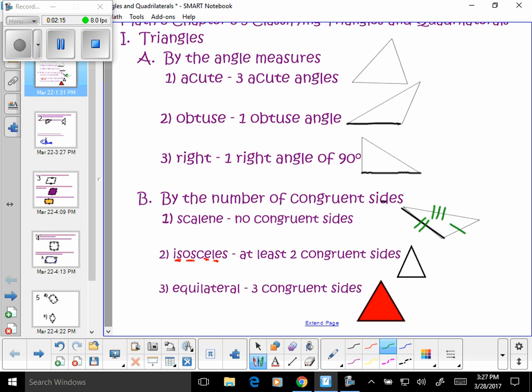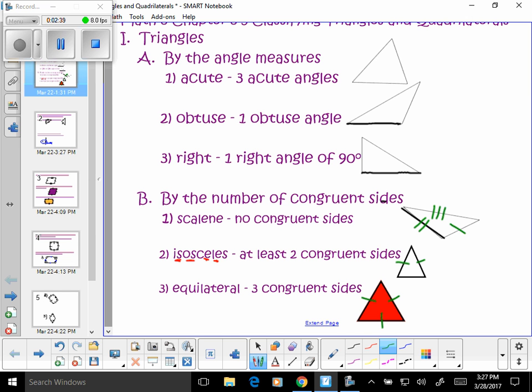If there are at least two congruent sides, and that's really all you're going to have, then you have isosceles. If there's three congruent sides, such as in number 3, sometimes they'll be tick marked, then we call it equilateral.